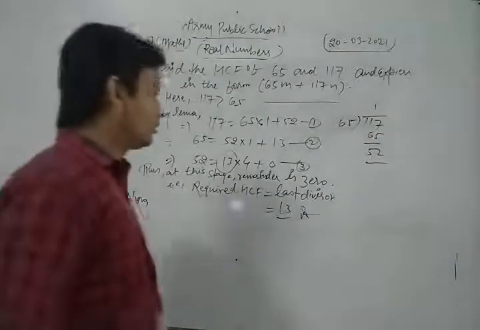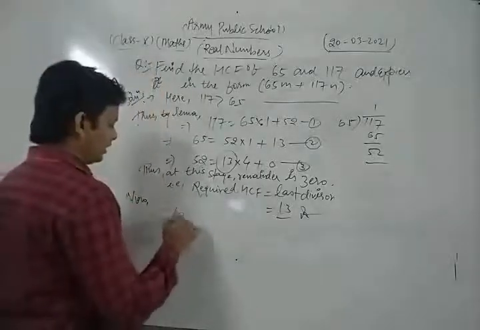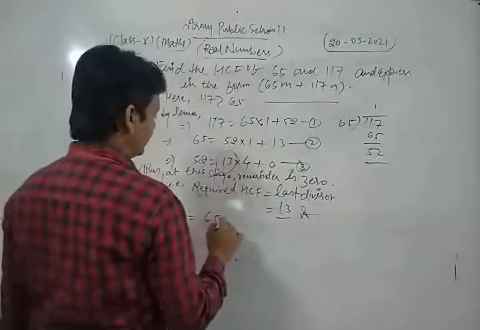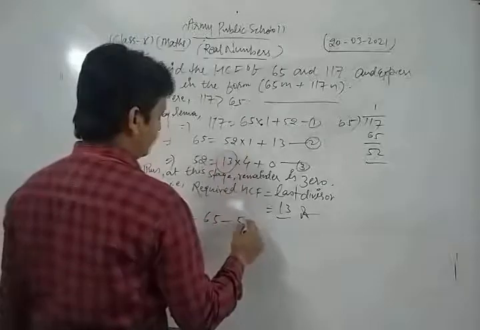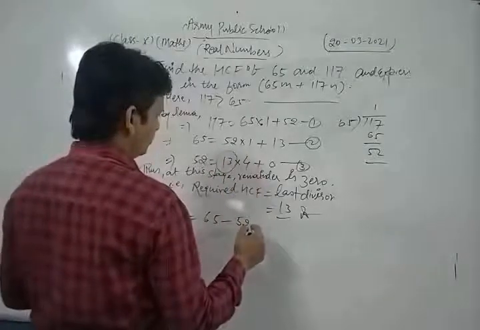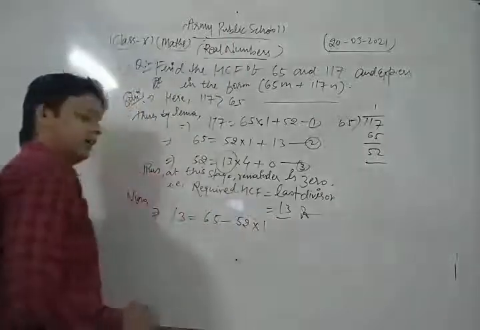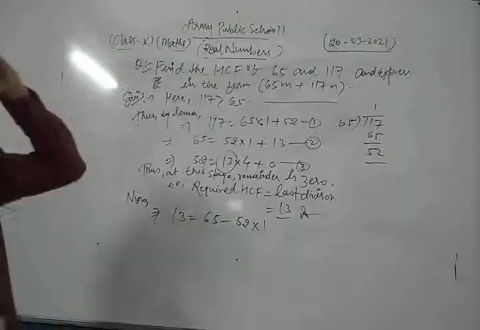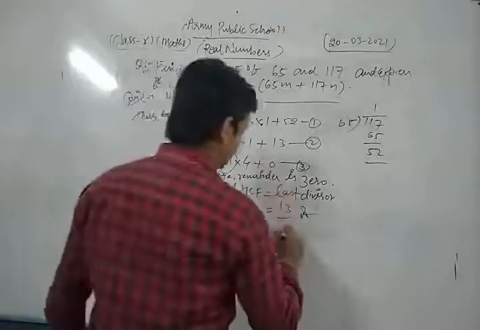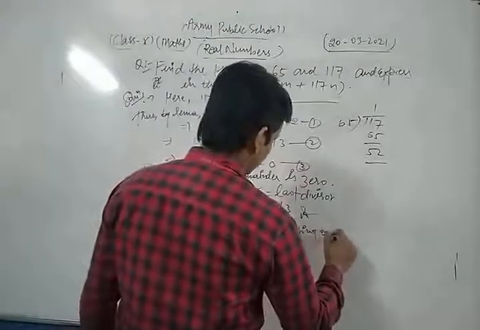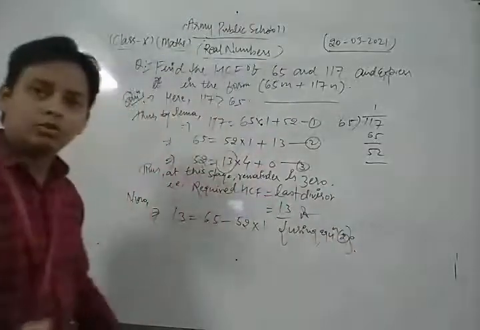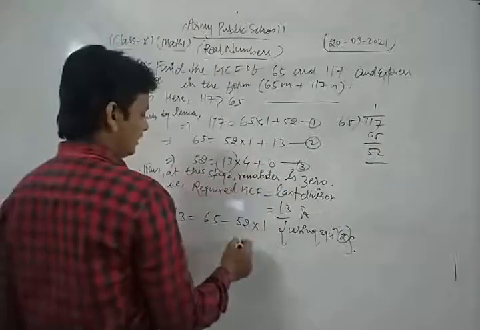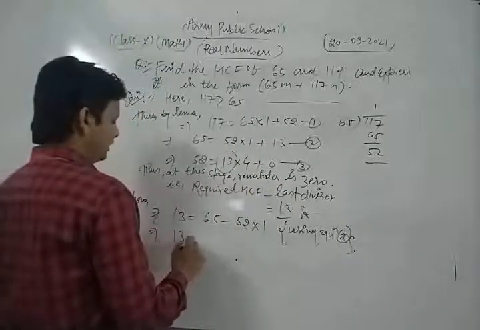Now we have 13. From equation 2 we can write 13 equal to 65 minus 52 into 1.